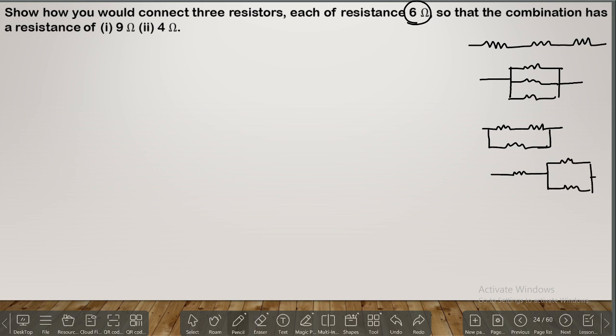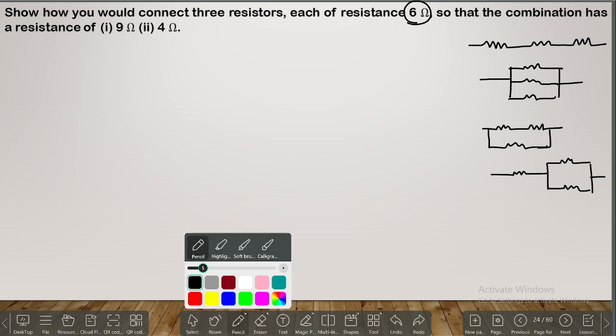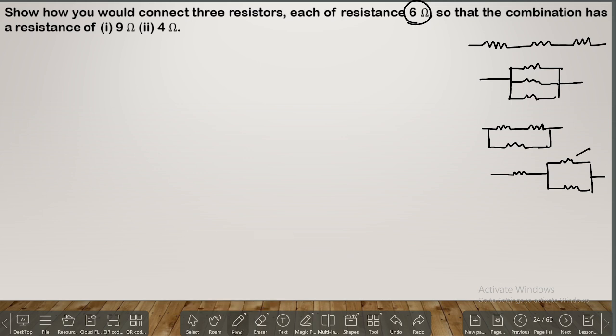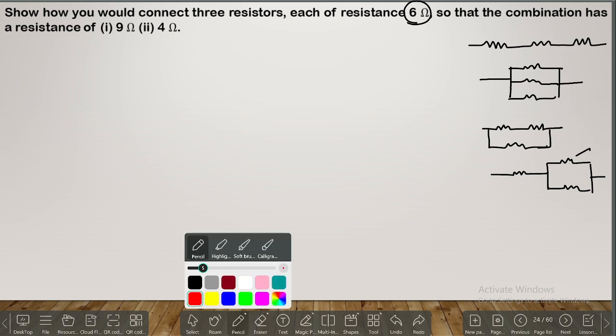So remember this condition. Now we will try the fourth condition. What is the fourth condition? 2 resistors are in parallel along with 1 resistor in series.